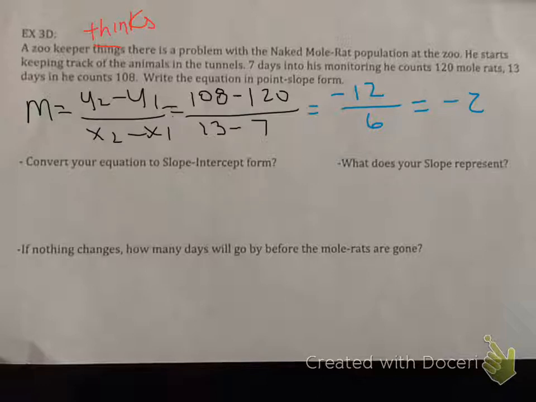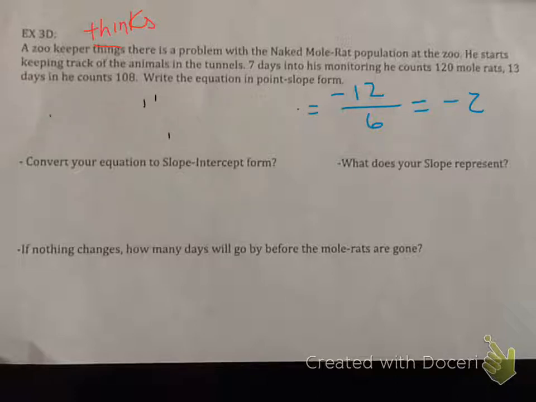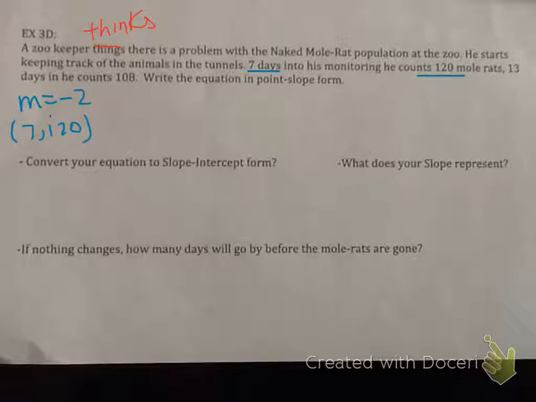Alright, so I've got to convert this into the slope intercept form. We know what our slope is, so I'm going to erase all this. Our slope is negative 2. For a point, let's pick what we did, 7 days and 120, so our point is 7 and 120.